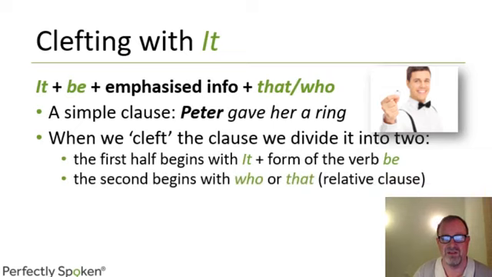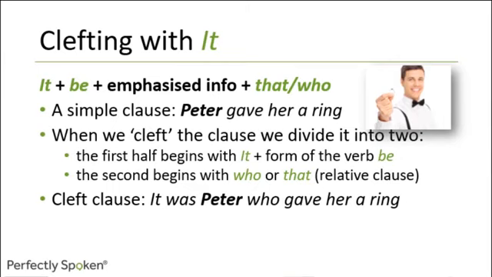Here's the example. I'm going to disappear so you can see it. It was Peter who gave her a ring. So Peter gave her a ring. To emphasize it, we use it plus the verb to be, was, Peter who gave her a ring. And here we are, of course, emphasizing the subject of the sentence, which is Peter.